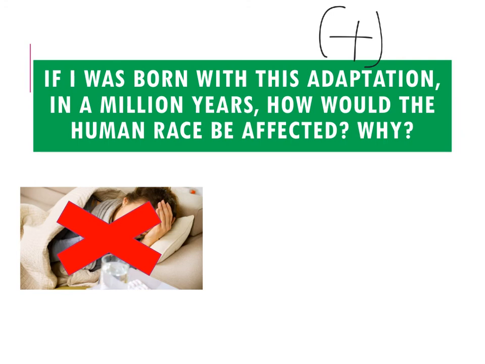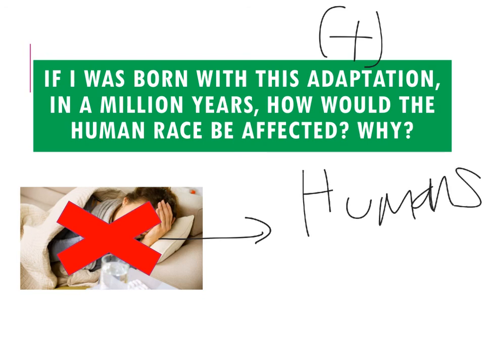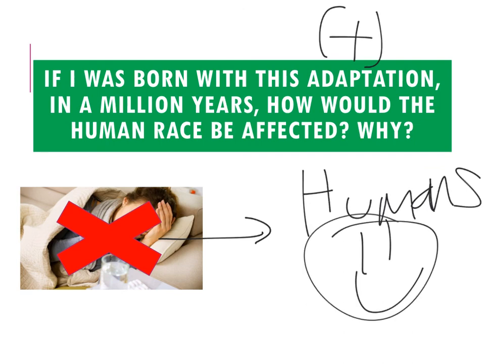Exactly. Since being resistant is an inherited trait, some people have this inherited trait. If nature is going to select for this trait that is best suited to survive in your environment, humans would be, over millions of generations, resistant to the flu.